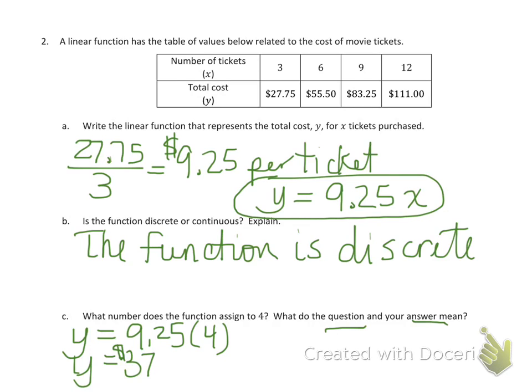But something to the effect of, the question is saying, what is going to be the total cost for 4 tickets? What is the output if the input is 4? And the answer is going to be my total cost. The function assignment of $37 is my total cost for 4 tickets.